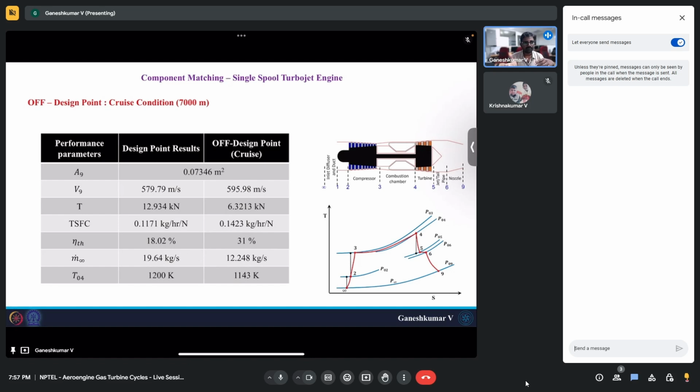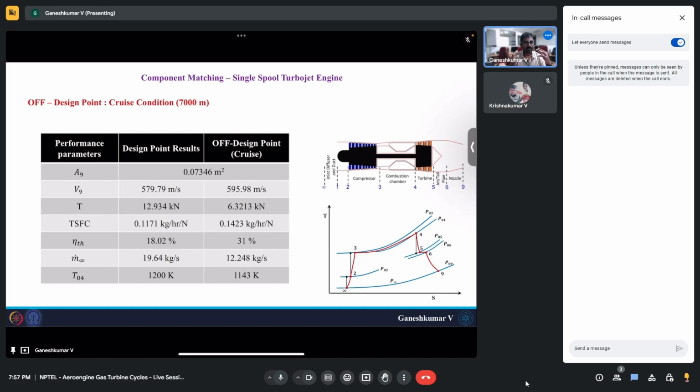Here what we found, we just took m dot infinity to be the same as the m dot c2 from the compressor map that we took, right? But the compressor map's m dot c2 should also come from m dot infinity, which should come from A infinity.